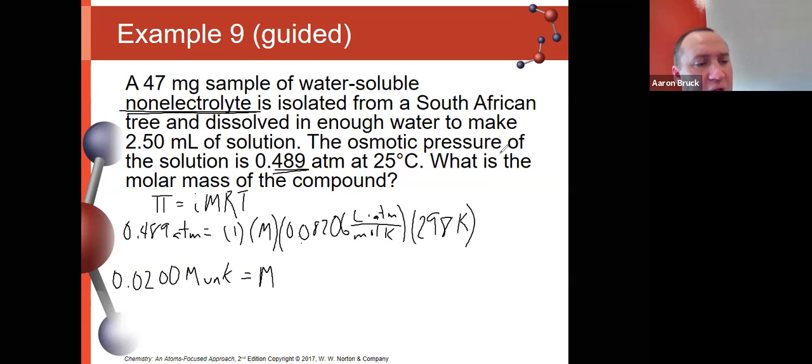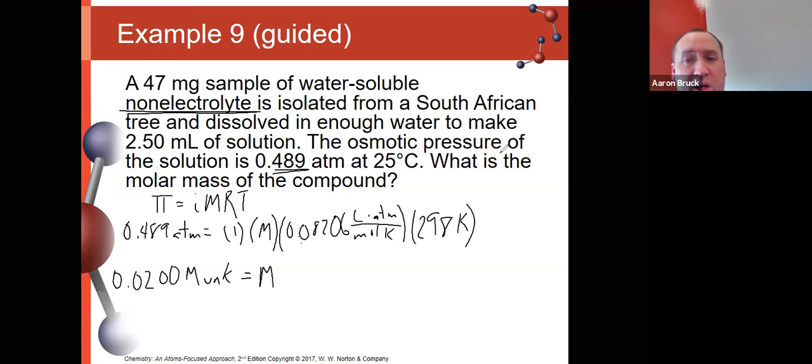So the molarity of my unknown is 0.0200 molar. Again, this isn't surprising because we have a very small amount of sample, and we use this technique in particular for low concentration substances to give us that information.